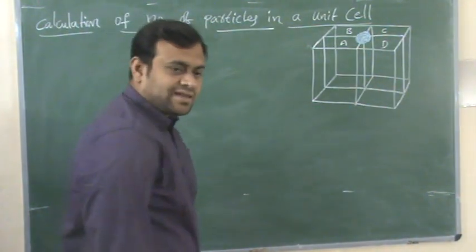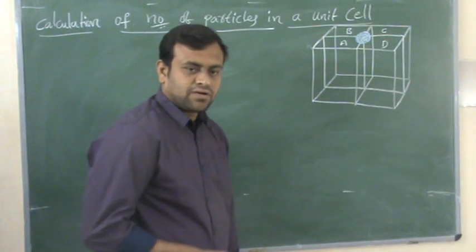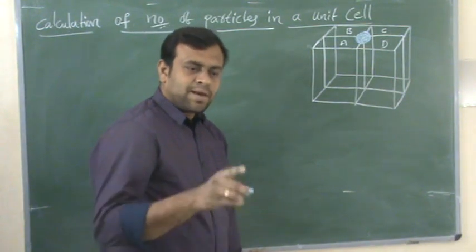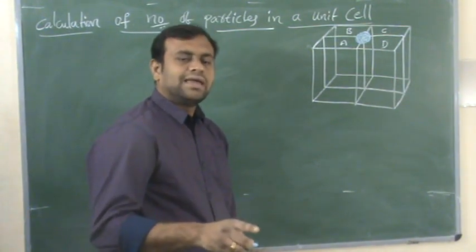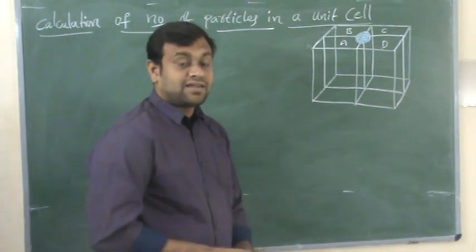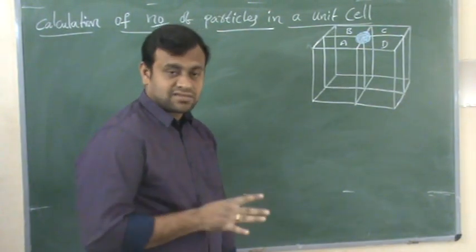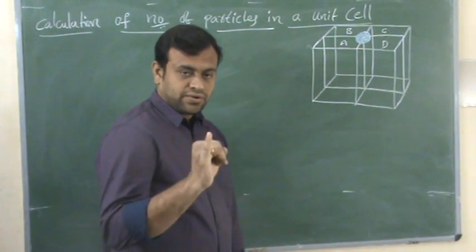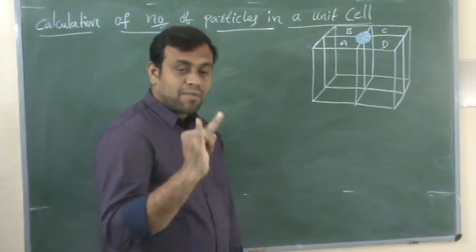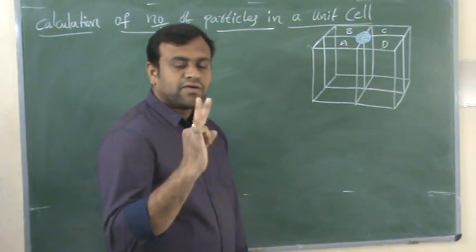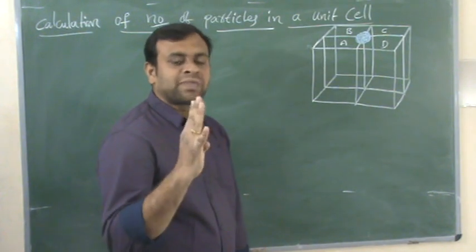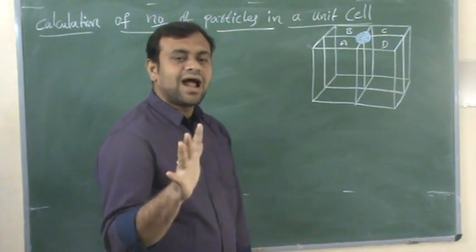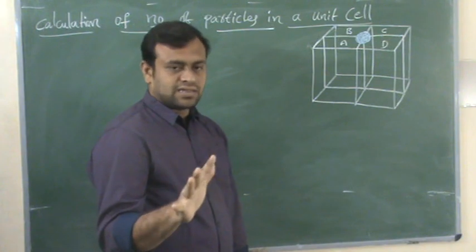Now let's calculate the number of particles in each type of unit cell. We have discussed different types of unit cells. Do you remember? Primitive unit cell, body centered unit cell, face centered unit cell, end centered unit cell and edge centered unit cell.